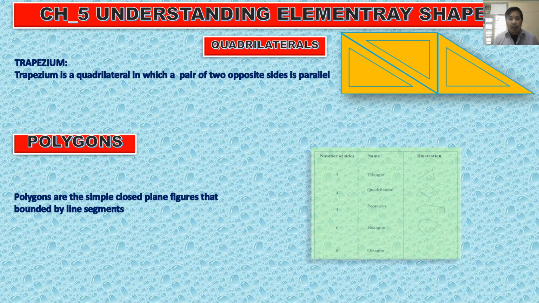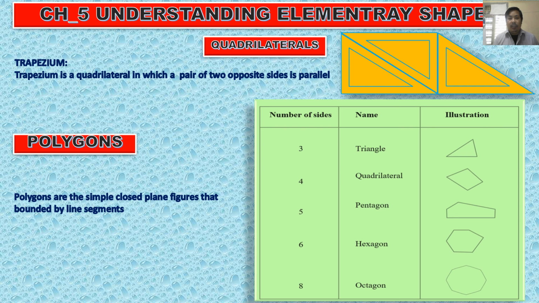And here we have some more polygons, and these polygons are of different types, according to the number of line segments they have as their sides. You see here, the first column is the number of sides, and the second column is the name of the polygon, and a sample is given.